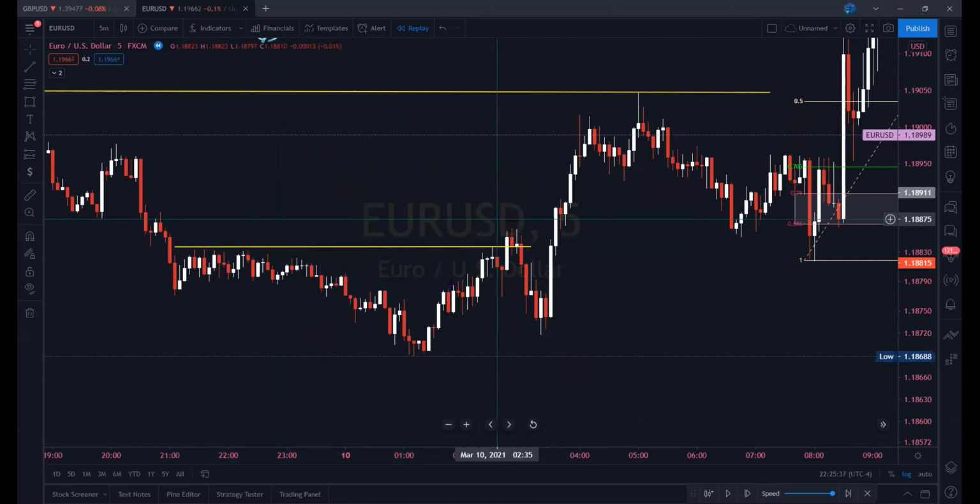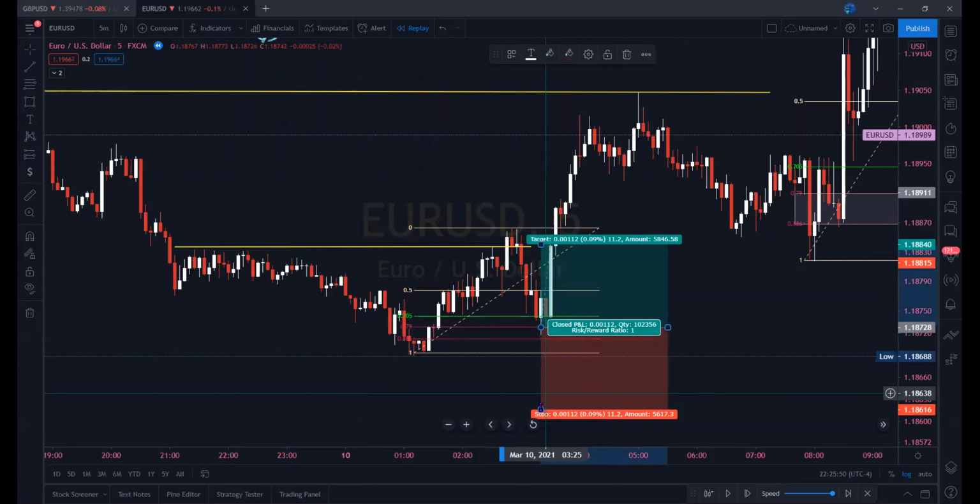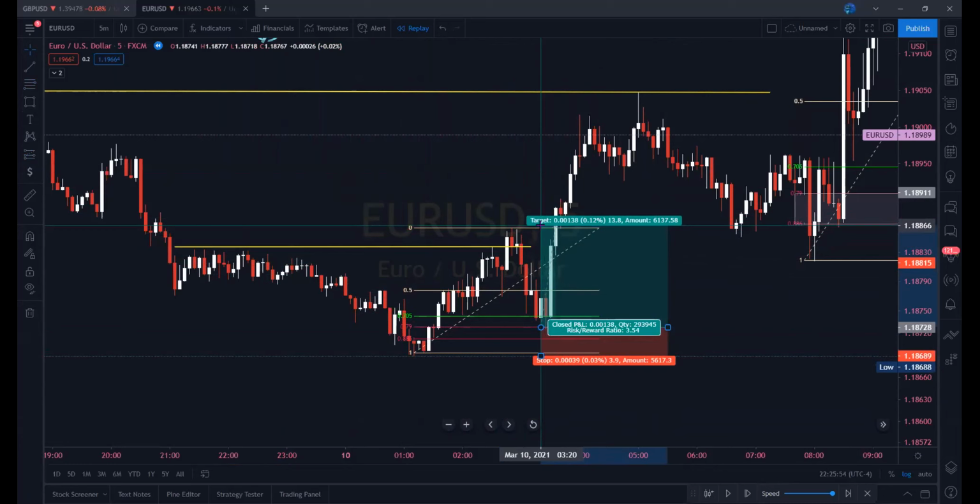So once it breaks that high, we can fib it from the bottom, which is right around here. We can fib it all the way to the top, and it reaches into our entry, which would have been our position here, our stop loss at the 1, our take profit here, right? Even though this is a micro example, it would have been 3 pips or 4 pips for 14 pips, right?